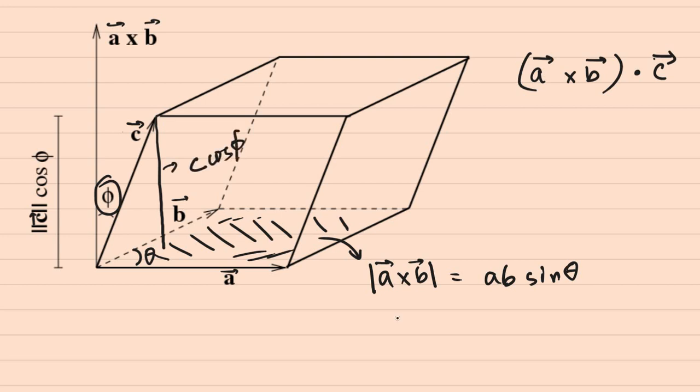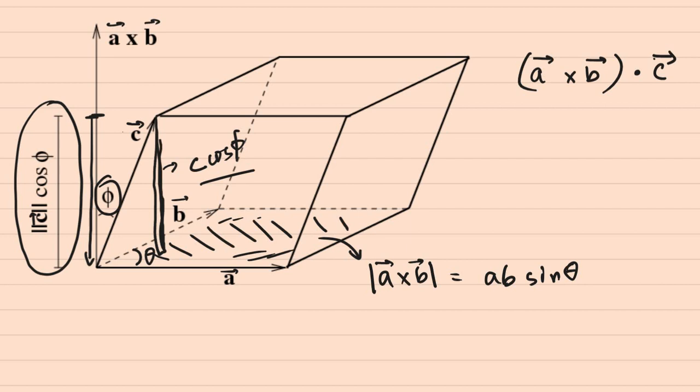Do you know why? Because that's the adjacent side. So you notice these guys who created the picture have shown us that this height, the adjacent side, is going to be c cosine of phi, which is very correct, which is exactly what we have written. Because this length right here is going to be the same as this one because they're parallel and they're both perpendicular to the same surface.